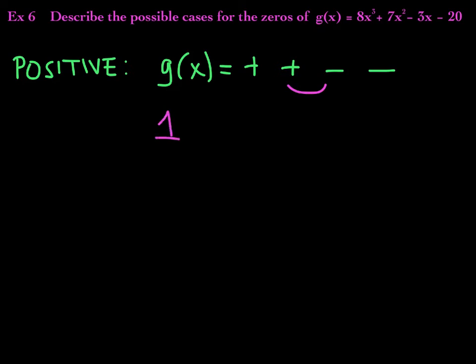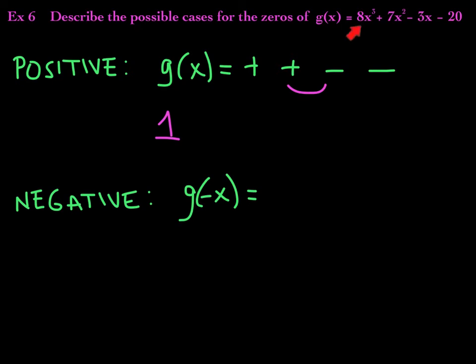That's helpful. Now, when we consider negative real zeros, we have to count the sign changes in g of negative x. When I substitute in negative x, here it turns this term negative. It causes this term to keep its original sign, so it's positive.